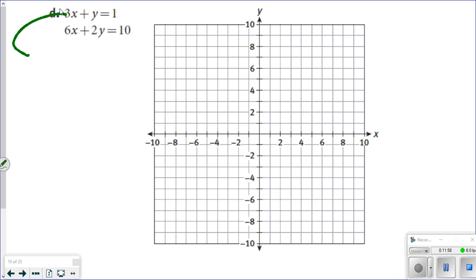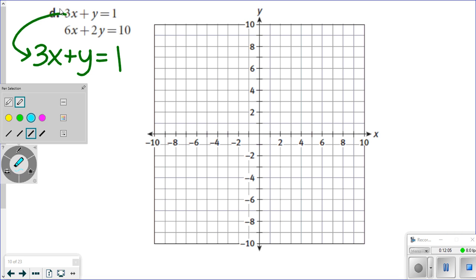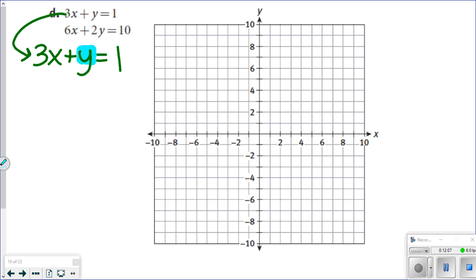So I'm going to take this one and rewrite it so we can convert it to slope-intercept form. So we need to solve for y. So let's subtract 3x from both sides. Do not lose your subtraction sign or your negative with the 3x.